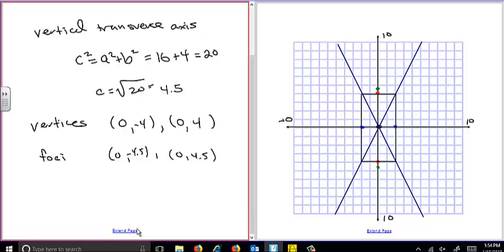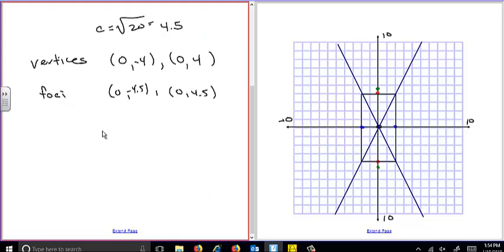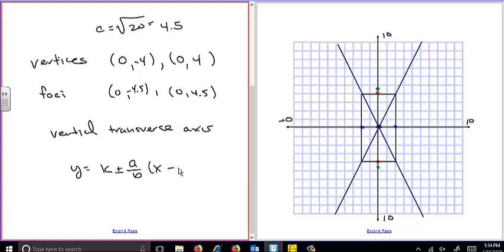Now the equation, now this is a vertical transverse axis. So we go to the book again, or your notes, and we say y is equal to k plus or minus a over b times x minus h.